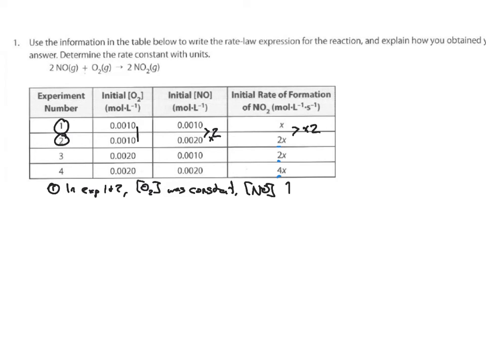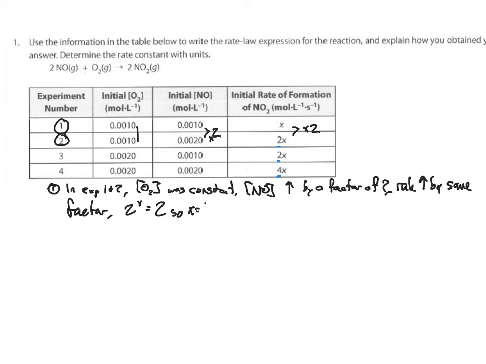NO increased by a factor of 2. Rate increased by same factor. 2^x equals 2, so x equals 1, first order.